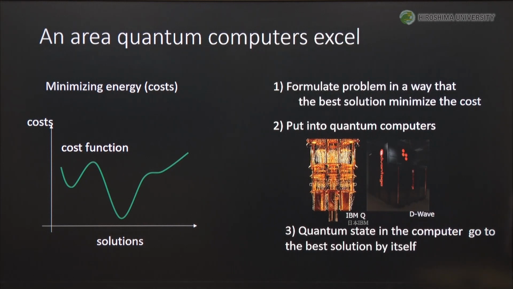A quantum computer is a system which consists of many qubits or physical systems, and you may know that physical systems tend to go to the ground state of their energies.